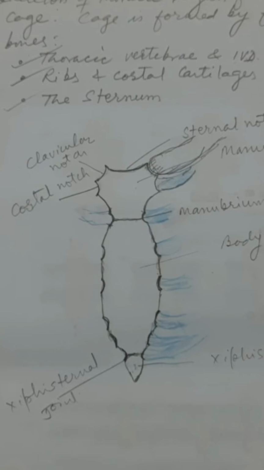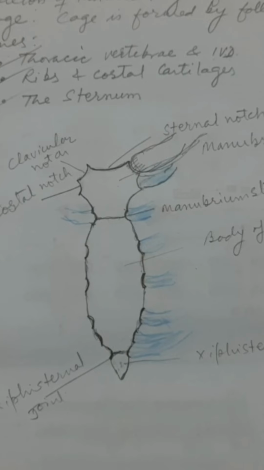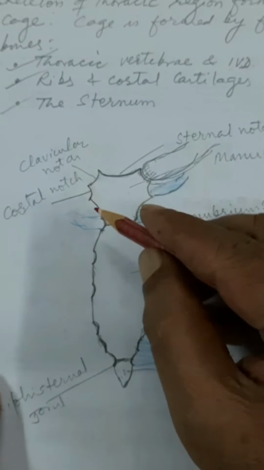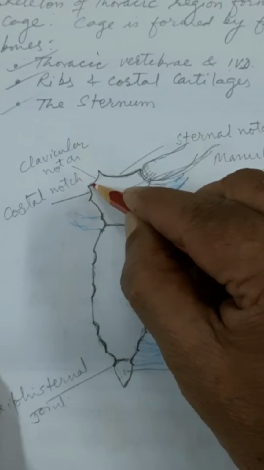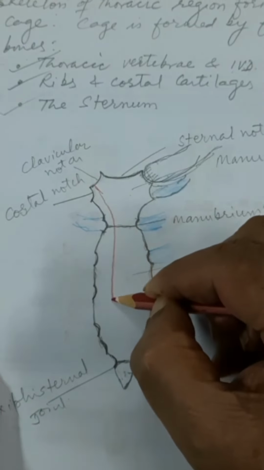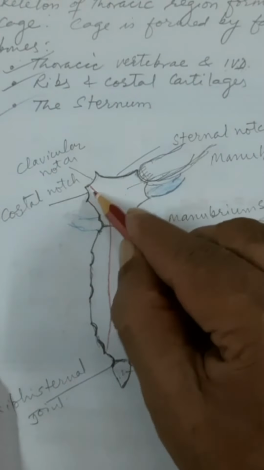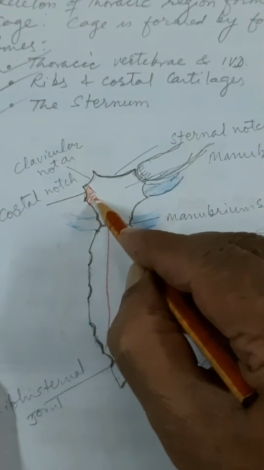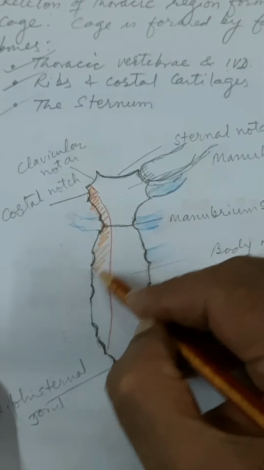Now, let us come to the muscular attachments of this structure. If you look at the attachment of muscles onto this bone, there are two muscles on the anterior aspect which are attached to it. Which are these two muscles? One is an elongated extension from the clavicular notch, running onto the lateral margin right up to the 6th or 7th costal cartilage, and this area gives attachment to the pectoralis major muscle.